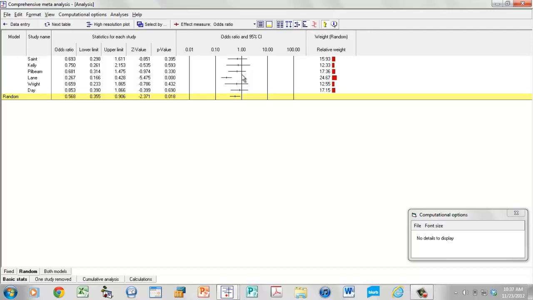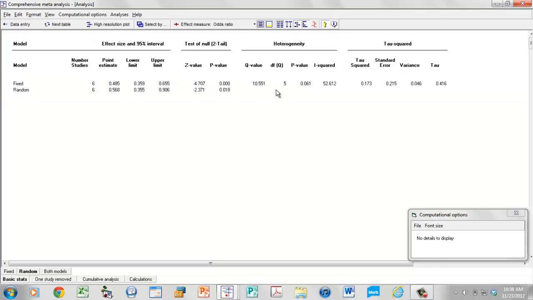But what if each of these studies actually had an infinite number of patients in it, so that the effect size that we see for this study represents the true effect size for that particular population and that particular variant of the intervention, and so on for all of the other ones? In that case, would we expect all of these to line up in all having the same value? Or in that case, would we expect to still see some dispersion from study to study? That's the question that we're asking when we ask about the heterogeneity.